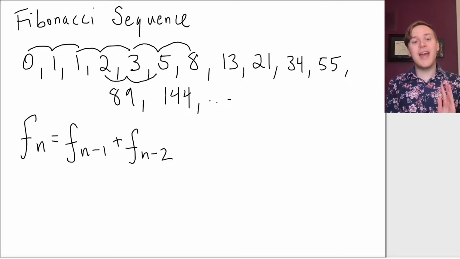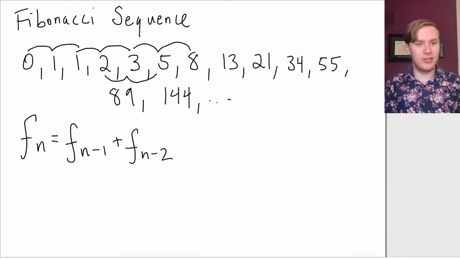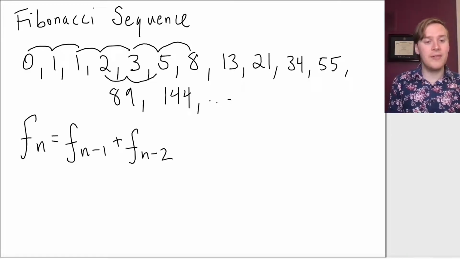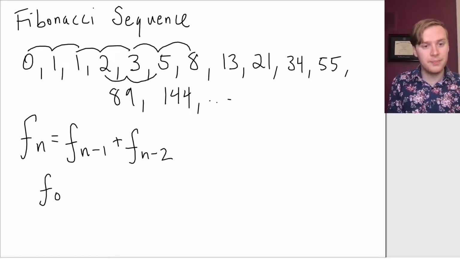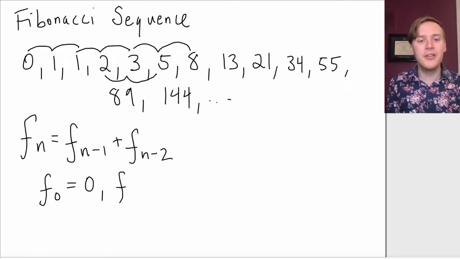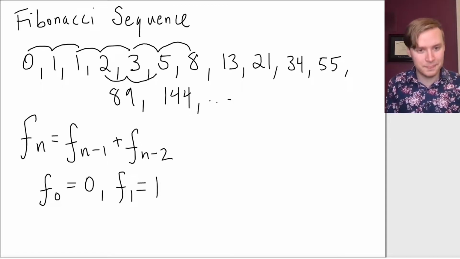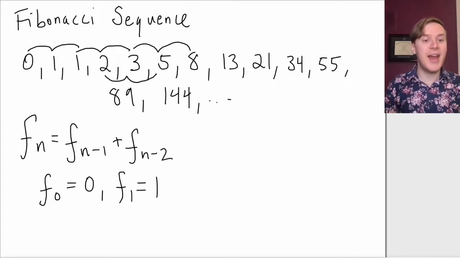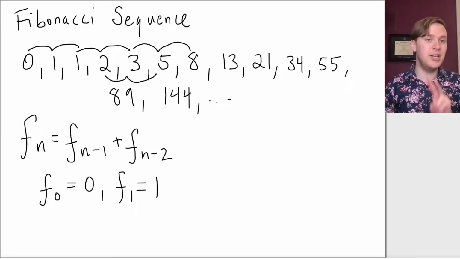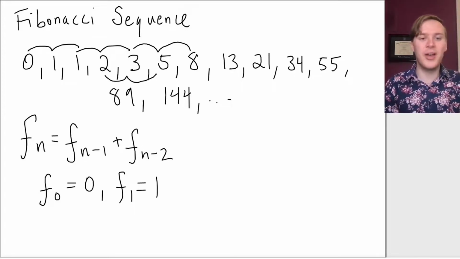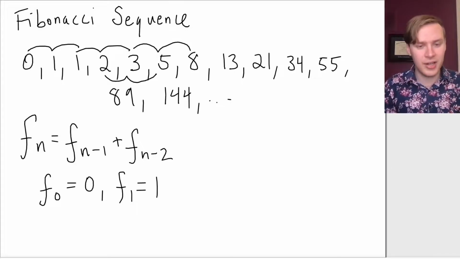And we need to have some initial conditions here. So we're going to have that the 0th term is 0, so f sub 0 is 0, and the first term is 1. Now we need to have that because we need two terms to start with, right? If we didn't have that, we'd have to try to find them by finding the negative first and the negative second term.